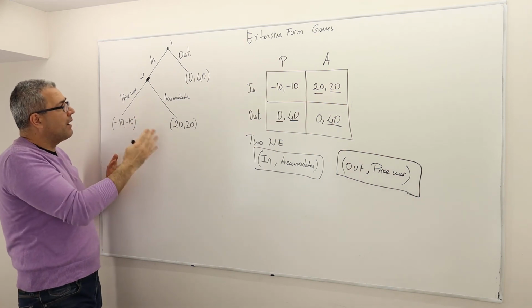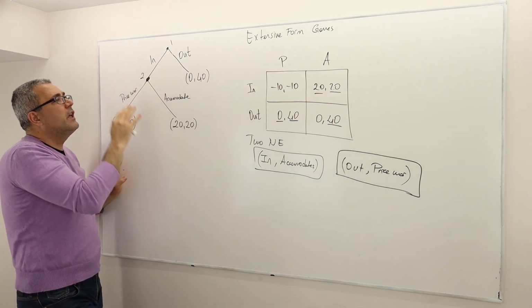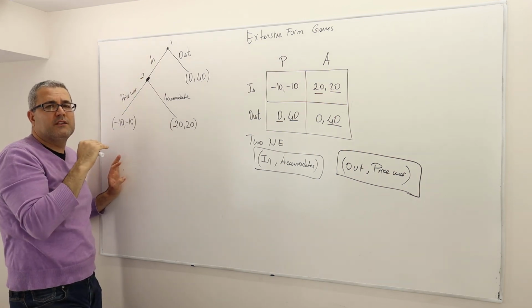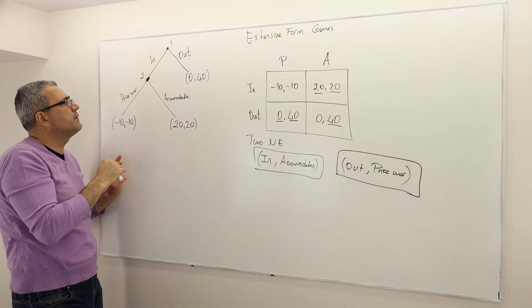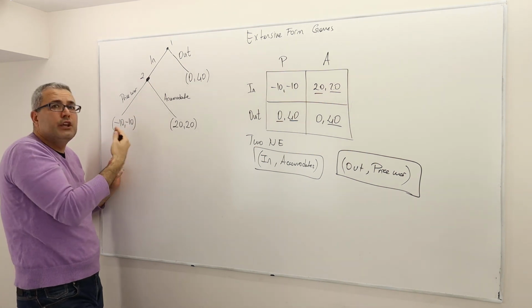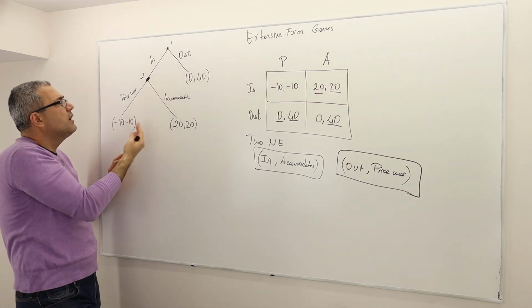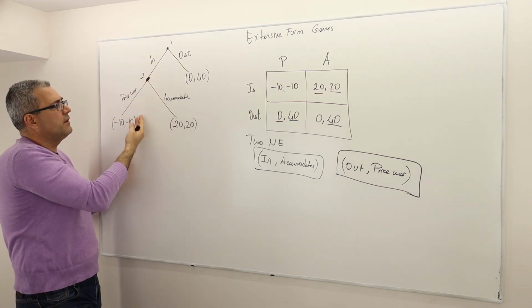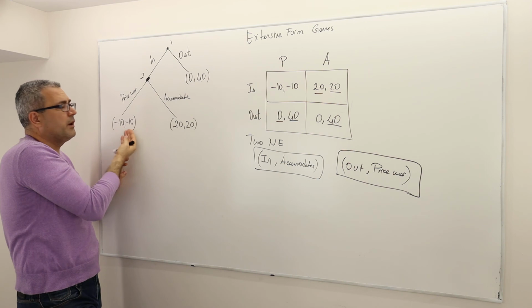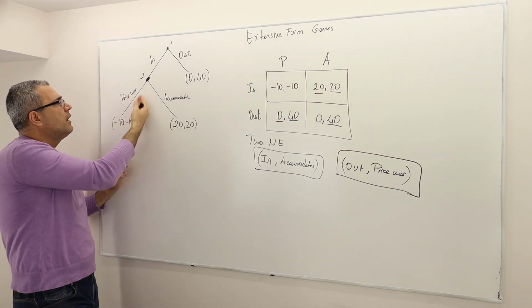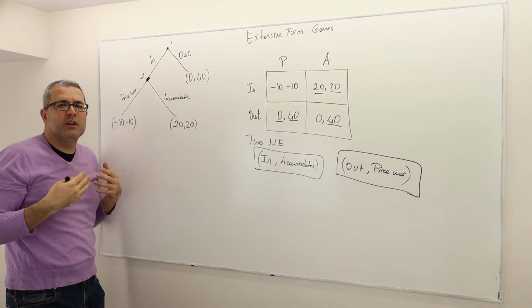All right, so that means player two, even though he decided his strategy before player one selected his options, he can actually revise. If he's a rational guy, he should actually revise and say, you know what? If my opponent selected in, I should definitely accommodate him because 20 is much better for me than -10. And so, choosing price war is not really optimal.